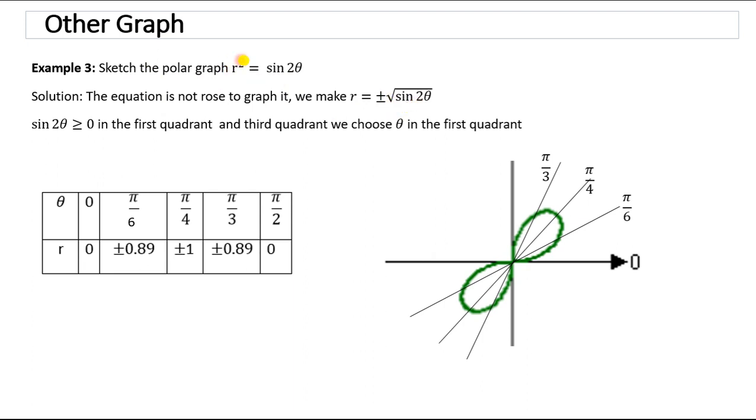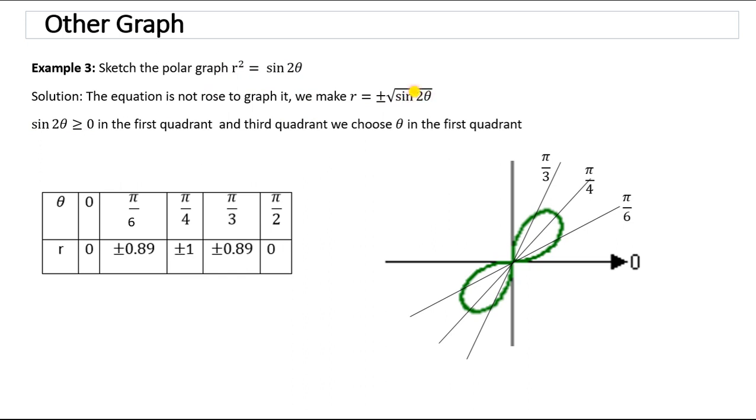This graph is not a rose, because of r squared. Because of the square root, sine 2 theta must be greater than or equal to 0.